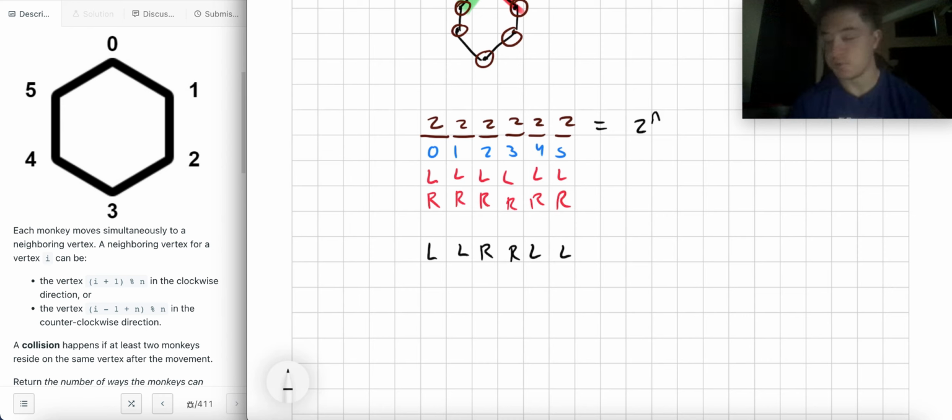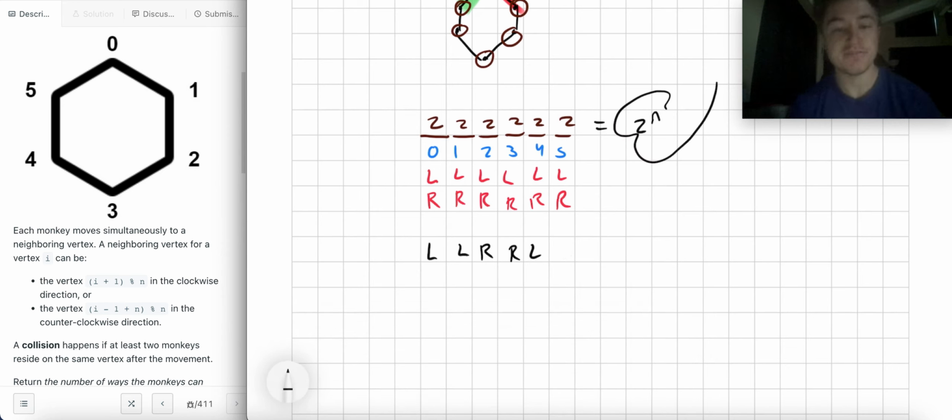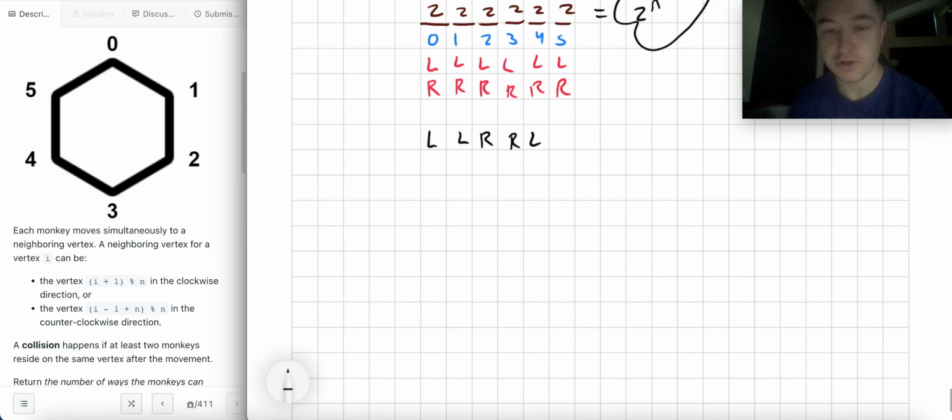So how does that relate to this problem? Well, 2 to the n is all the possible ways that you could make a decision. These are all the possible decisions that could be made, 2 to the n possible decisions. But we only want the ones where a collision occurs.